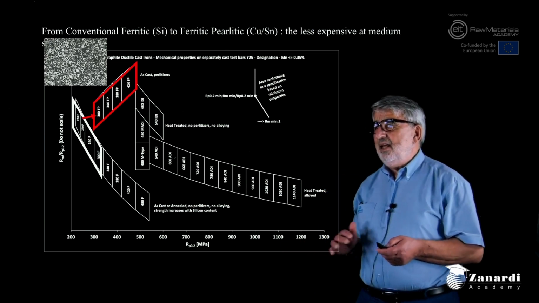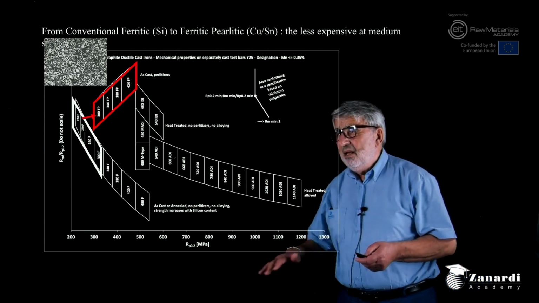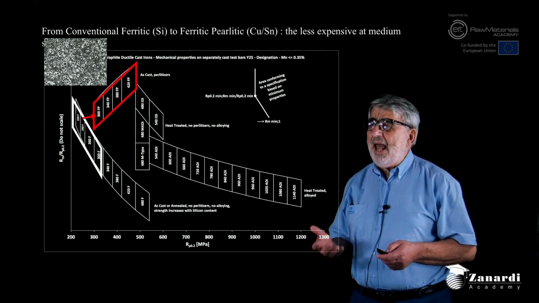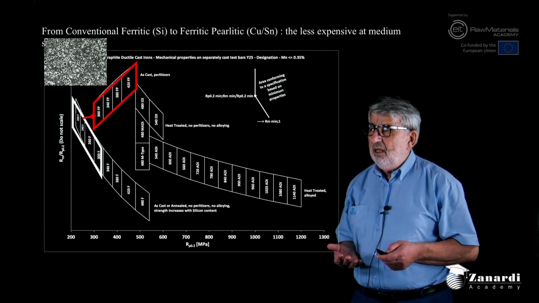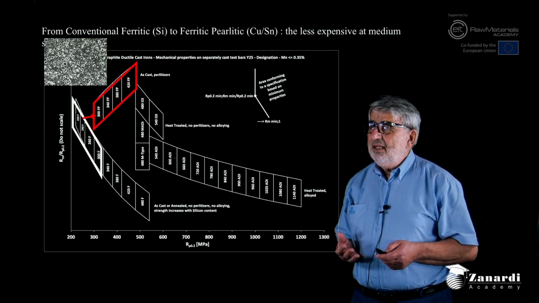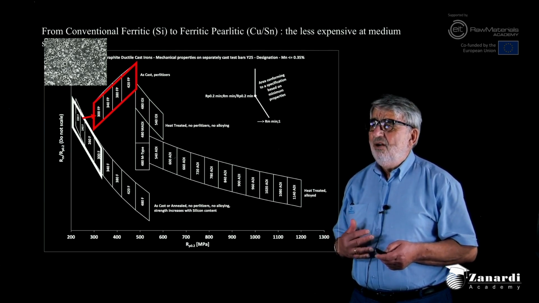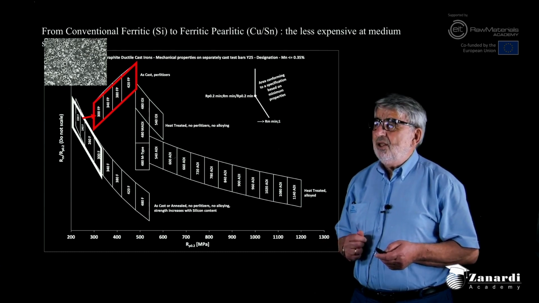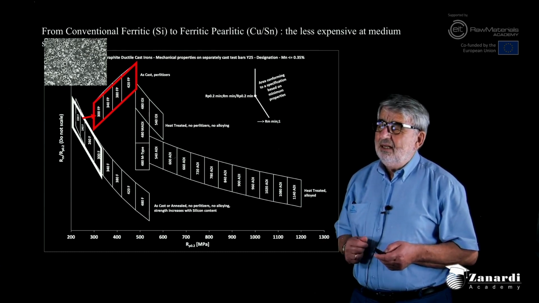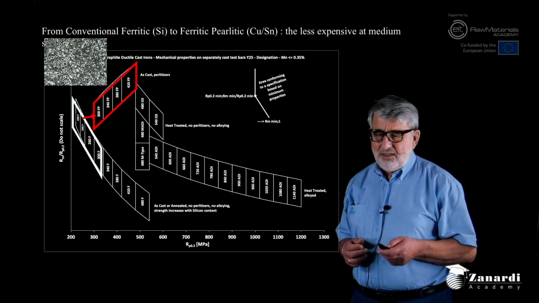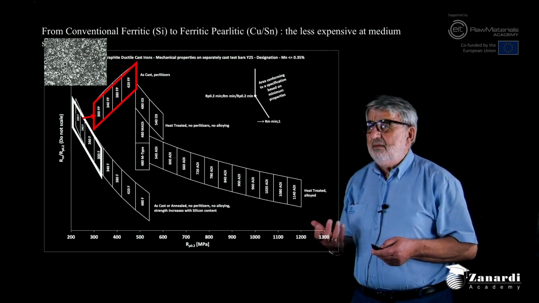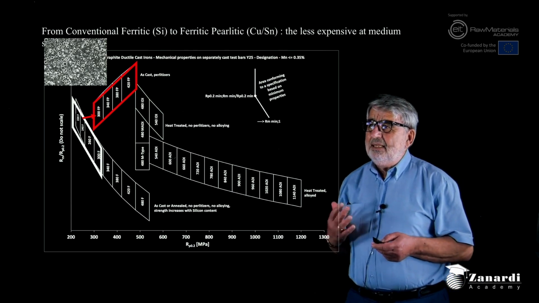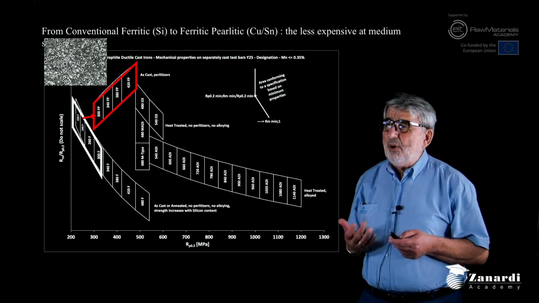On the other side, if we consider this basic iron, ferritic iron, and we add copper, we obtain the as-cast ferritic-pearlitic structure that we know very well, that has many applications in the industry, but that has a problem.